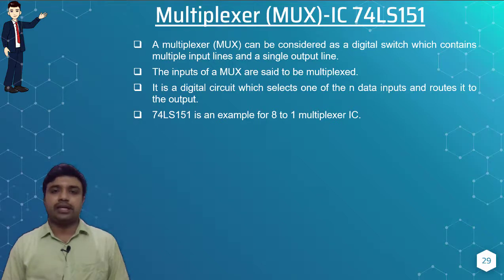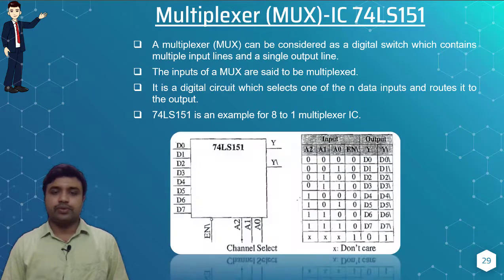That means it has 8 input lines and it is going to drive a single output line. This is the representation of your multiplexer IC. Here you can see D0 to D7 are the inputs, and you have the enable input, and you also have three different select signals, and the corresponding outputs are provided on Y and Y bar.